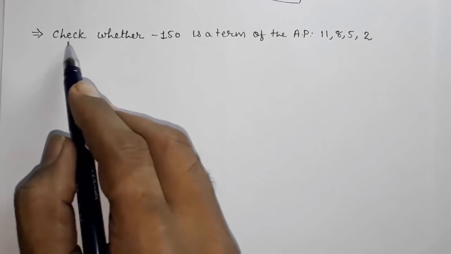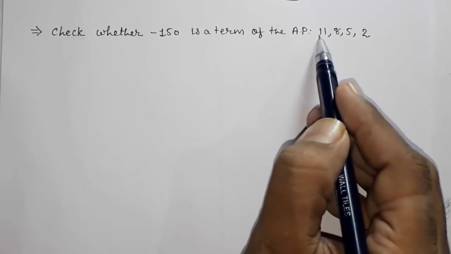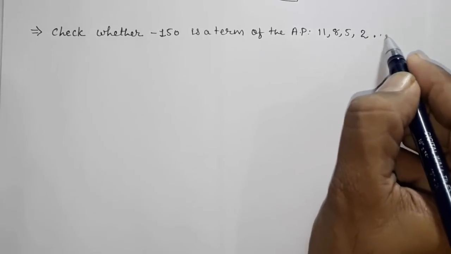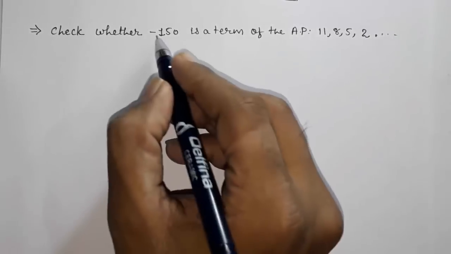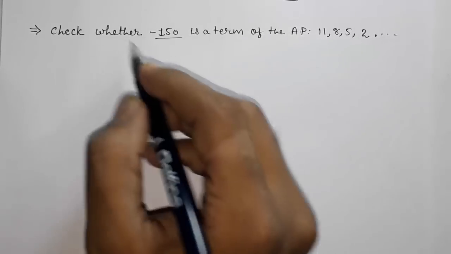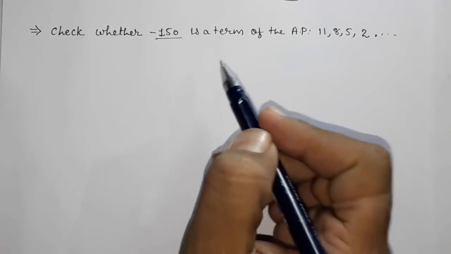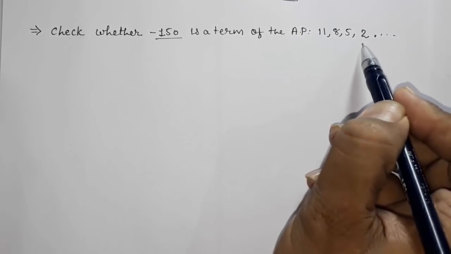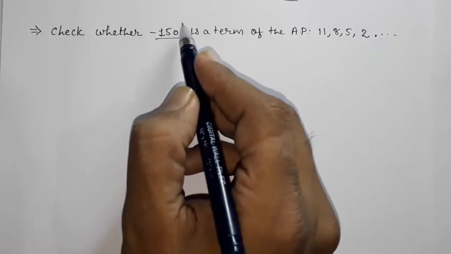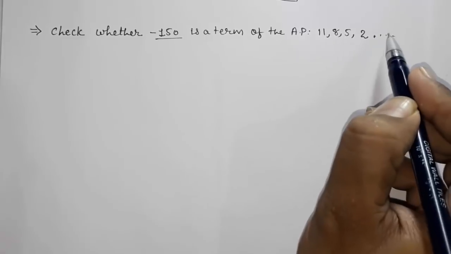Now next, check whether minus 105 is a term of the AP 11, 8, 5, 2, and so on. So we want to find whether this is a term of this AP or not. For checking that, we have to find n. If n is a negative number, or if n arises in decimal, or if n is 0, then we have to say that this number is not a term of this AP.